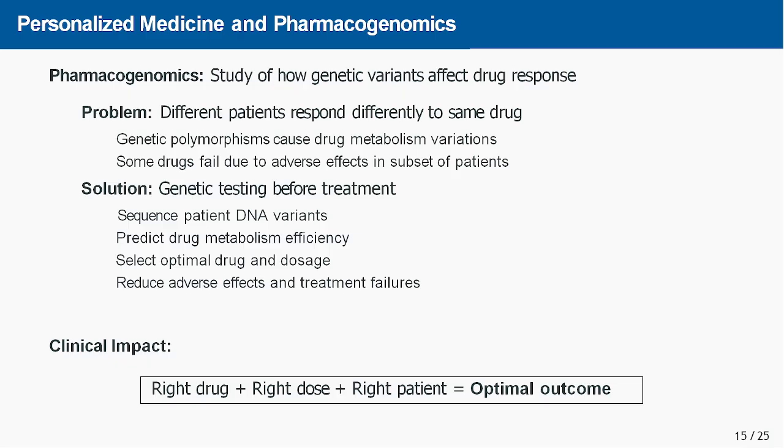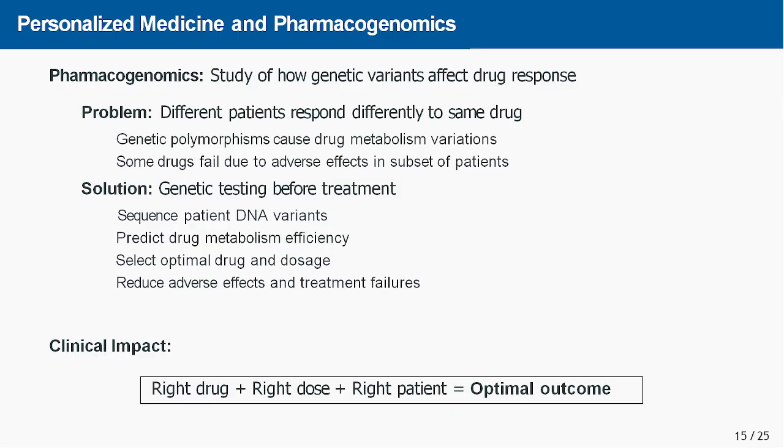So, what should be the solution? The solution lies in genetic testing before treatment. If we know the sequence of the patient's DNA variants, then we can predict the drug metabolism efficiency. Nowadays, people are using AI/ML for the prediction of this drug metabolism in the body.